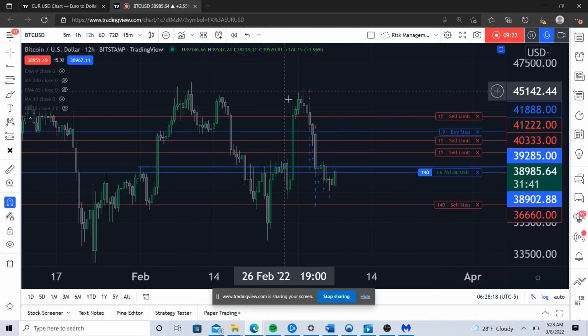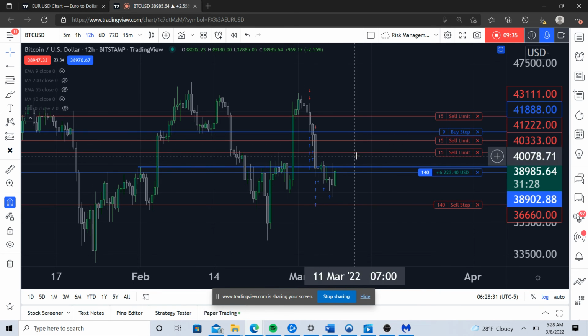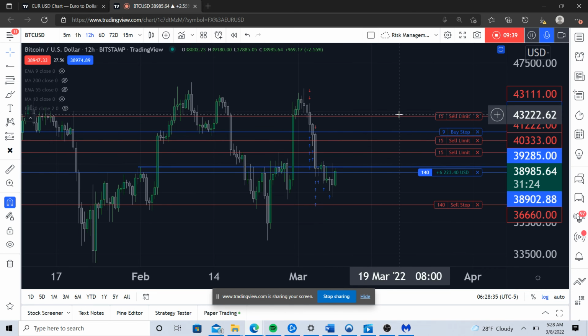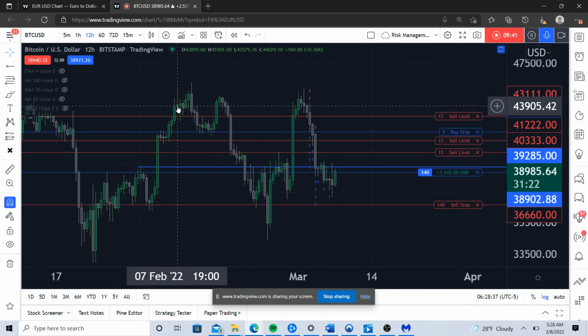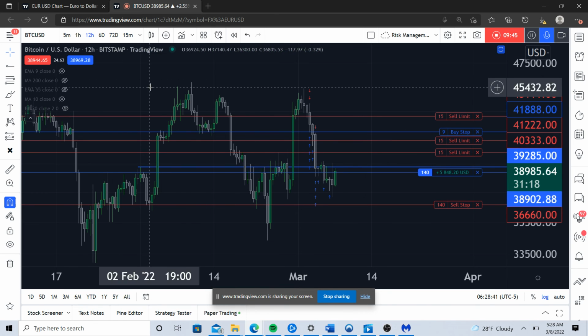So I would reasonably expect this 43,000 area to be where I would look to have the majority of the risk on this trade taken off, and step back from the market and maybe return a little bit later and reassess.